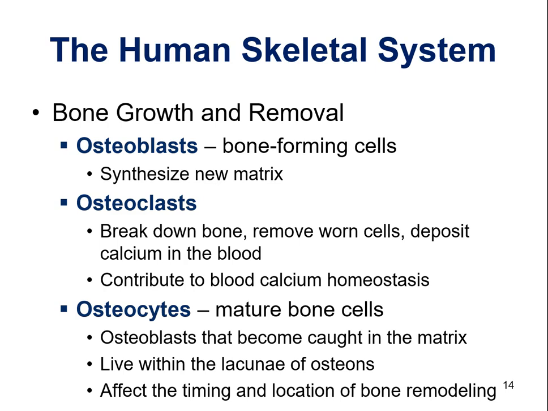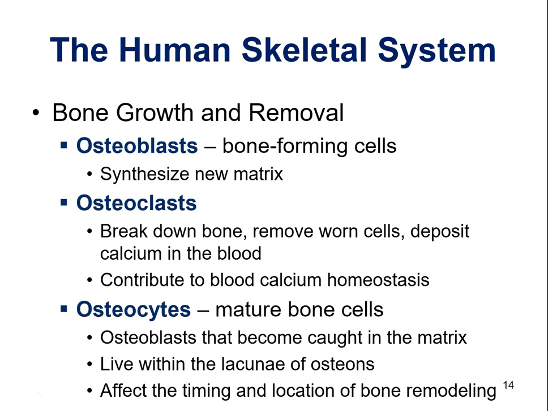So that's a normal process that happens, right? Super important, again, we're using the term homeostasis, right? Blood calcium levels are maintained at an appropriate level. If those levels drop, these cells can be activated to break down bone, and they're going to break down old or worn cells first to then release calcium into the blood.